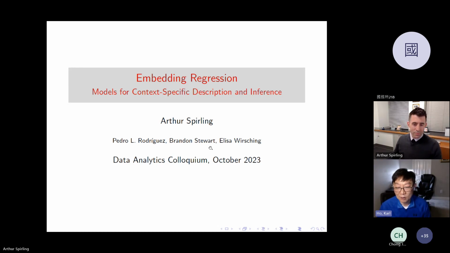He is also a deputy director of the Center for Data Science. So we cannot find a scholar and speaker with more experience about machine learning and Texas data models. And tonight we are really honored to have Dr. Sperling introduce to us a new method, embedding in regression.